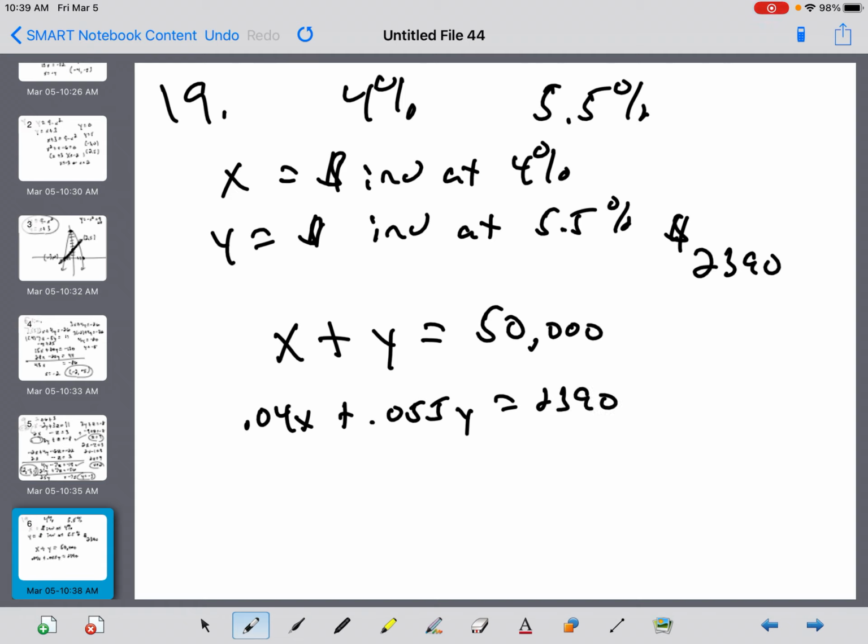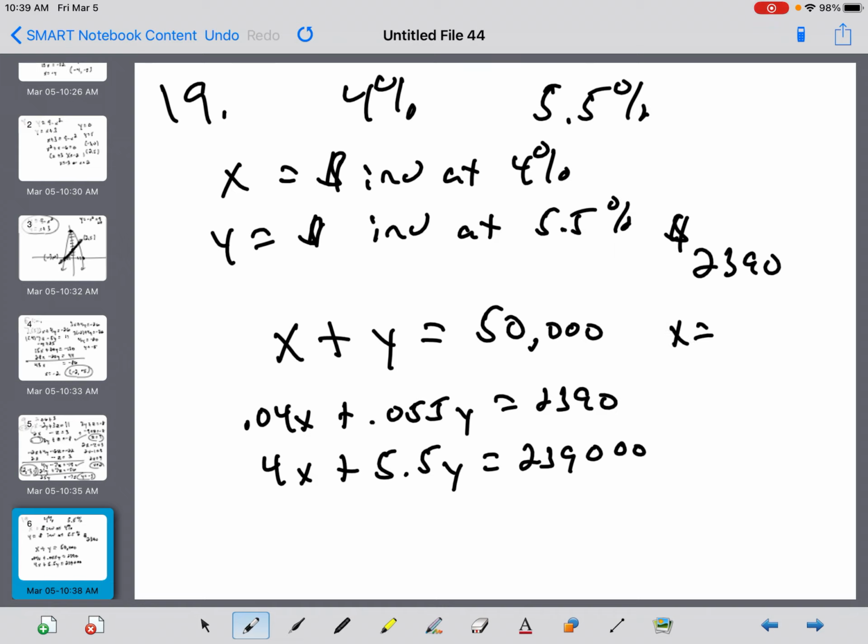So let's get rid of at least two of these decimals. So I could rewrite this as 4X plus 5.5Y equals 2390, and I need to add two zeros. Now, I could use substitution here.